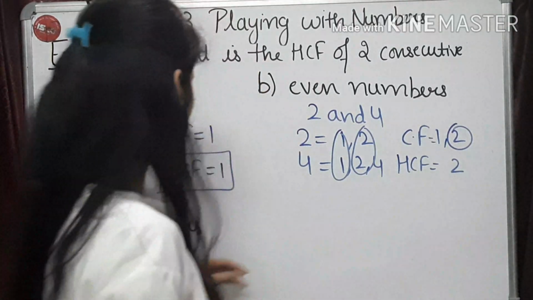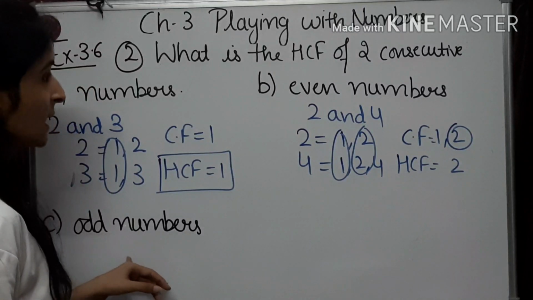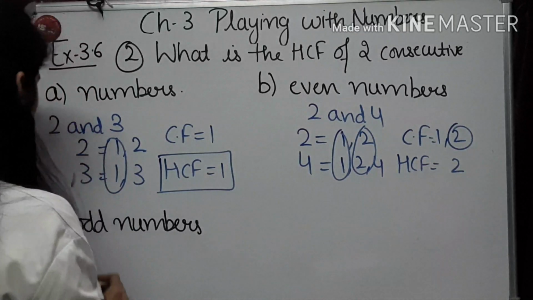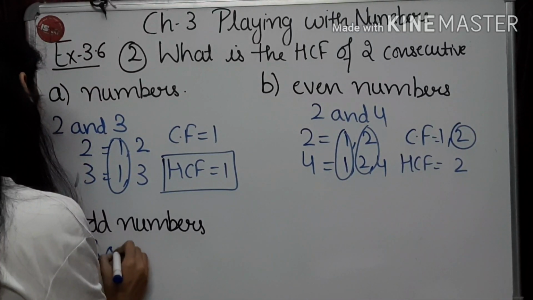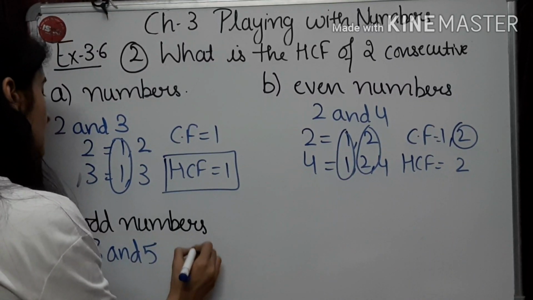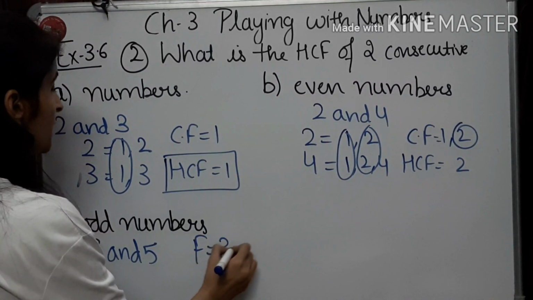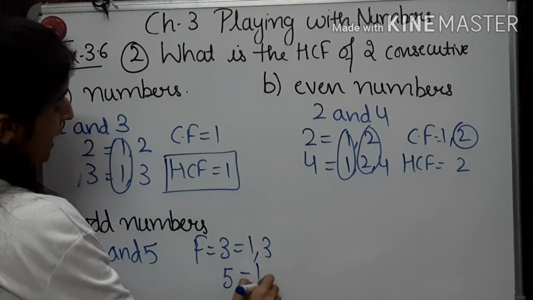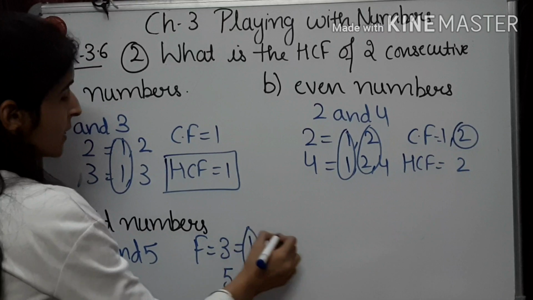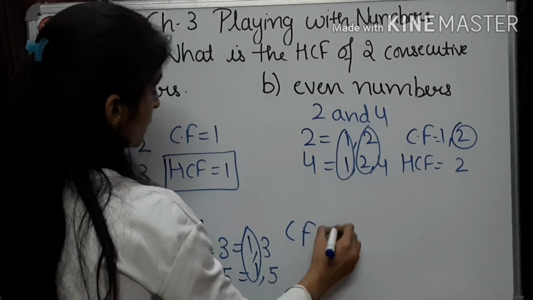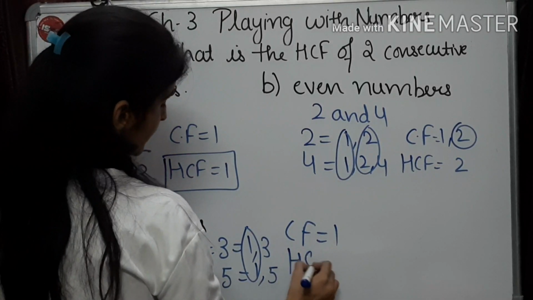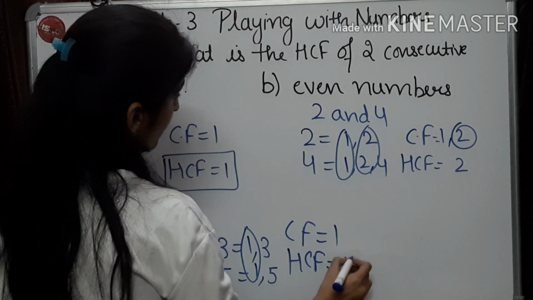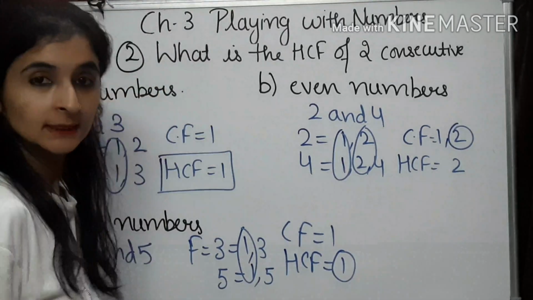Right? Now we have to take two consecutive odd numbers. So suppose I am taking 3 and 5. So the factors of 3 are 1 and 3. Factors of 5 are 1 and 5. Common factor is equal to 1. So the HCF will also be equal to 1. Right?